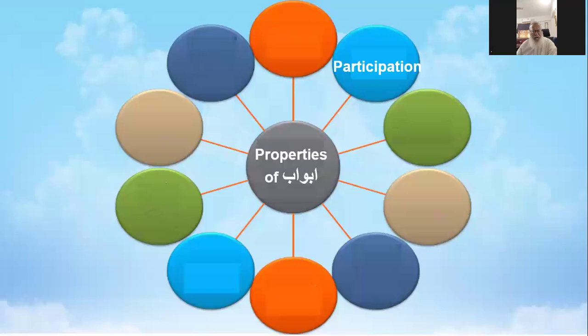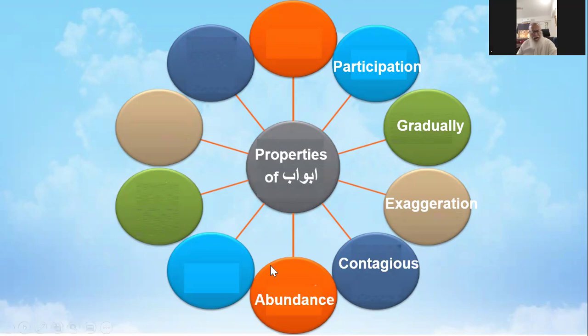A verb may have the characteristic of participation, when there is some comparison or competition between two things, or gradually something happening very slowly and in a sequence, or exaggeration, or being transitive, or abundance, meaning having the meaning of excessive something, arrangement, sequence.